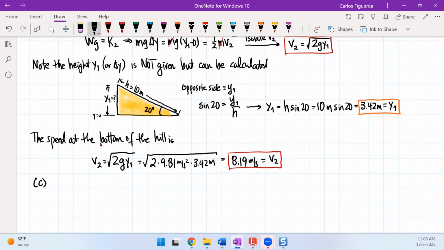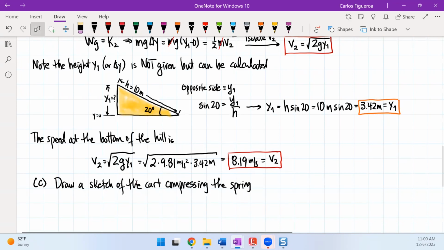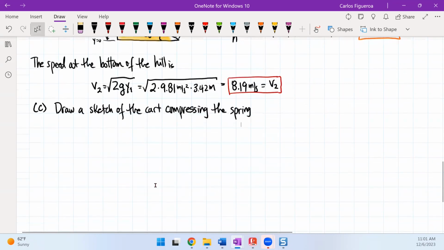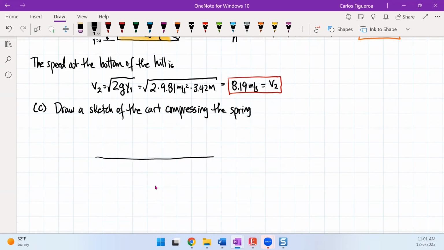Part C here, now we want to draw a sketch of the cart compressing the spring. So picture-wise, what do we know here? The cart is now all the way down the incline.